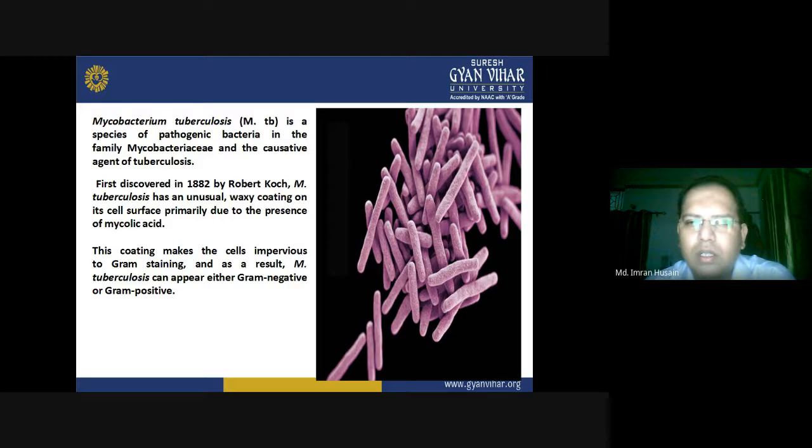And when they are cultured in the laboratory, these cultures do have a waxy coating on them because of the presence of mycolic acid, and this is the main reason that gram staining does not properly work on Mycobacterium tuberculosis.